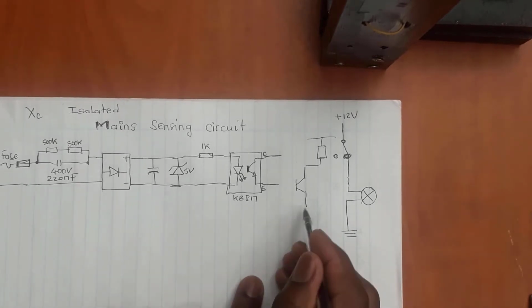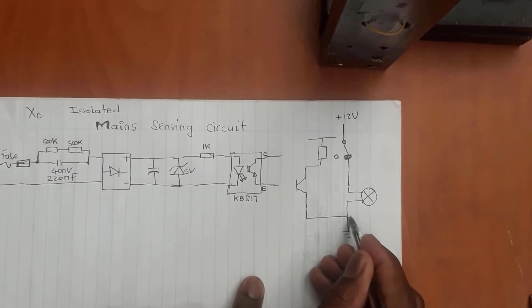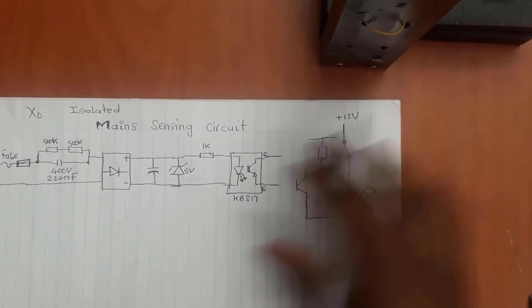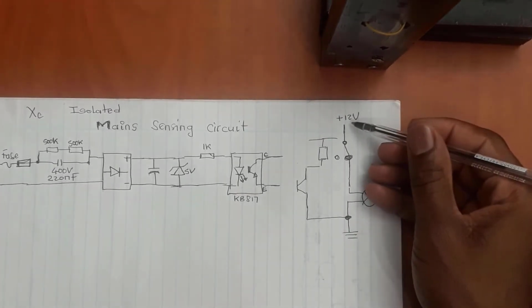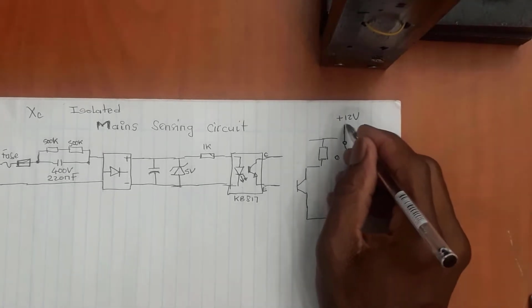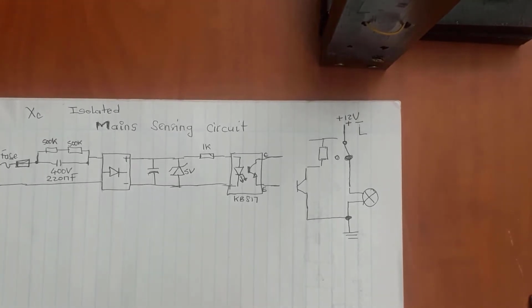This ground is basically the same ground as the one on the transistor. You can see that this circuit is completely isolated from our MEMS reference, because this one is referenced from our 12 volt battery. This is a plus and this is a minus from our 12 volt battery.